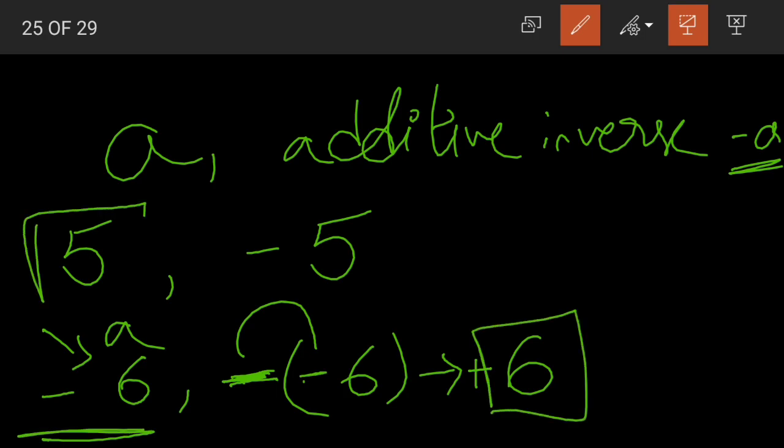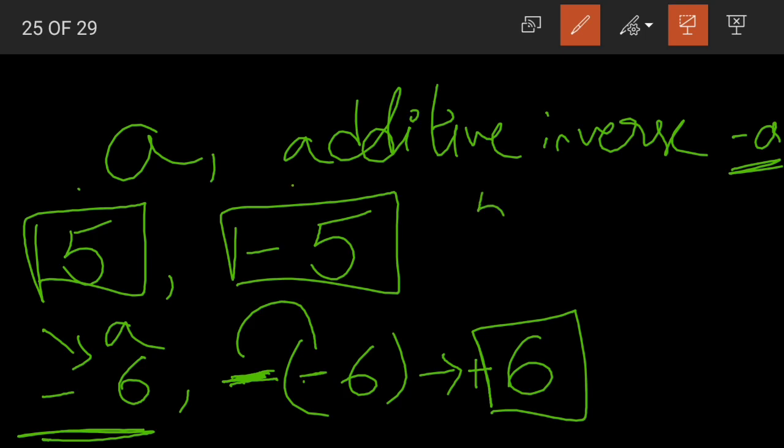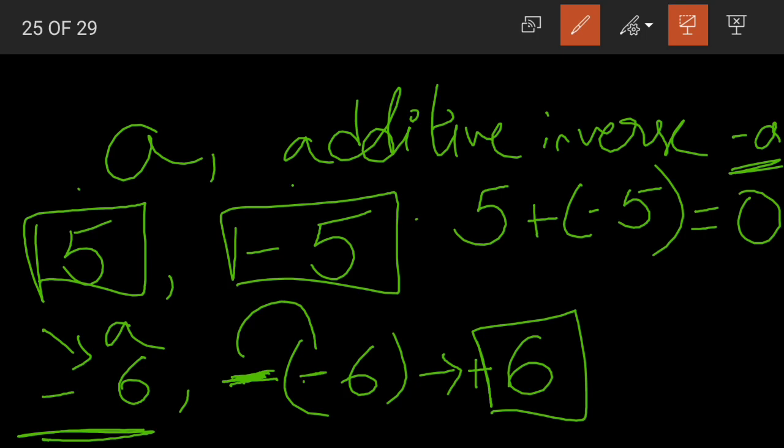The additive inverse of 5 becomes minus 5. Now what is the condition that an additive inverse should satisfy? When we add a number with its additive inverse, like 5 plus minus 5, the answer should be 0. Is this correct? 5 plus minus 5, is it equal to 0? Yes, it is equal to 0. Plus into minus becomes minus, then we have 5.